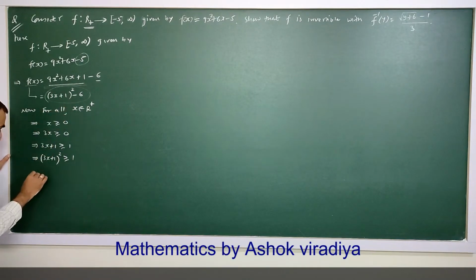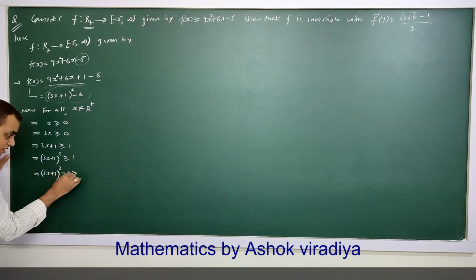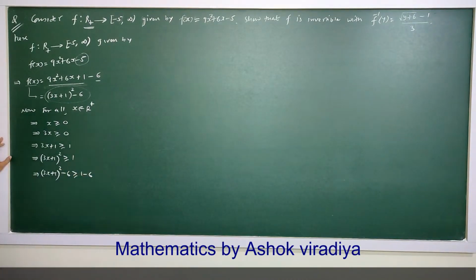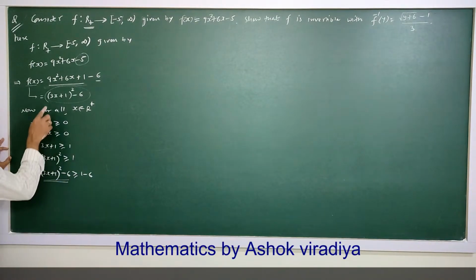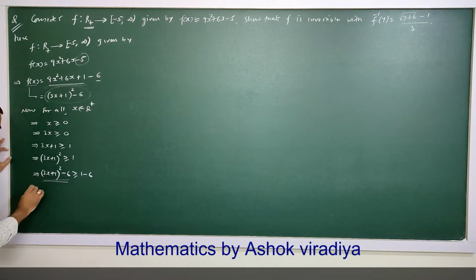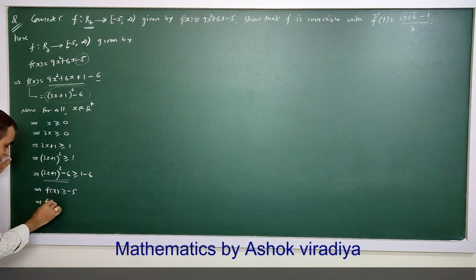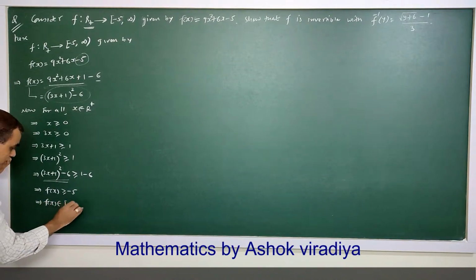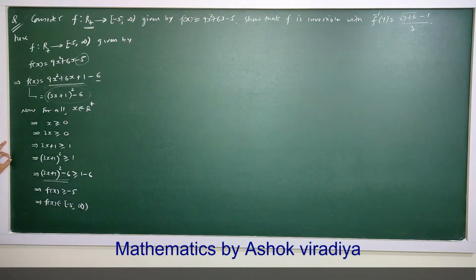Subtracting 6 on this side, subtract 6 on this side. So this is the formula for f(x) in this form. So f(x) is more than or equal to minus 5. So f(x) belongs to the closed interval minus 5 to infinity.